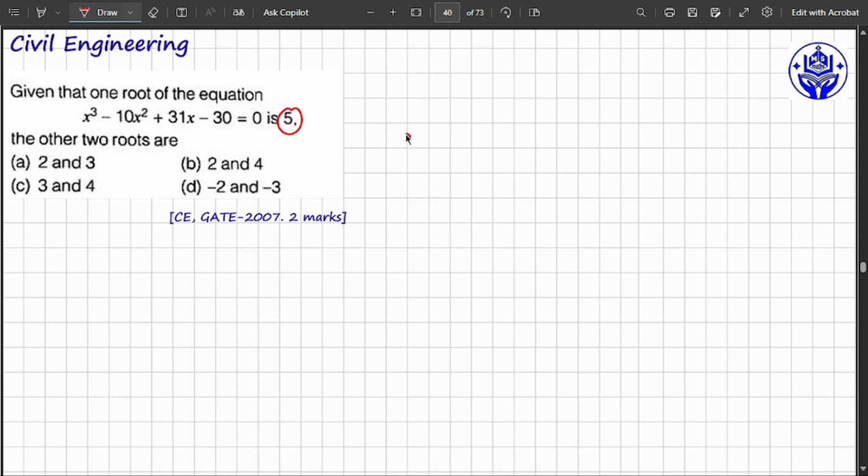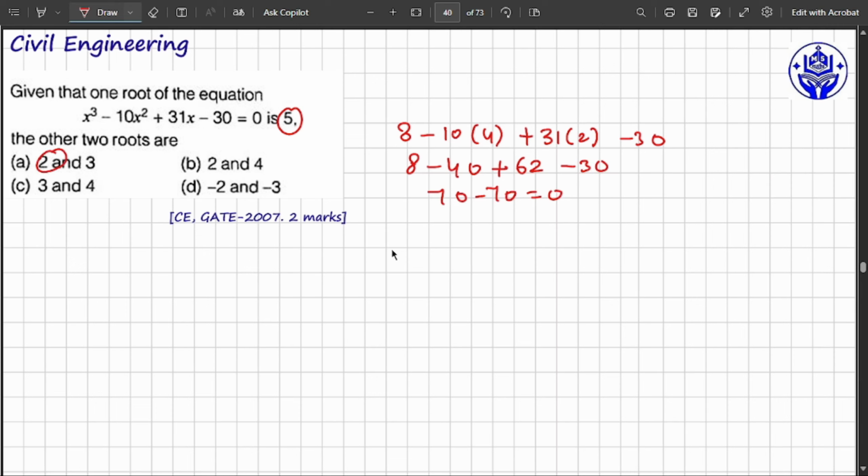So with 2 it is 8 minus 10 into 4 plus 31 into 2 minus 30. It is what? 8 minus 40 plus 62 minus 30. It is 70 minus 70, which is 0. Okay, 2 is satisfying. Now 3.